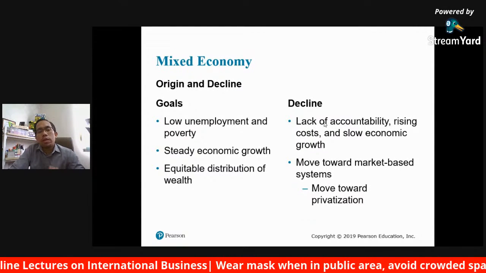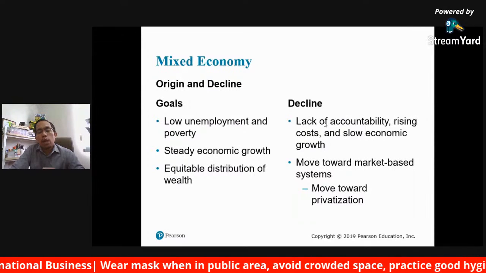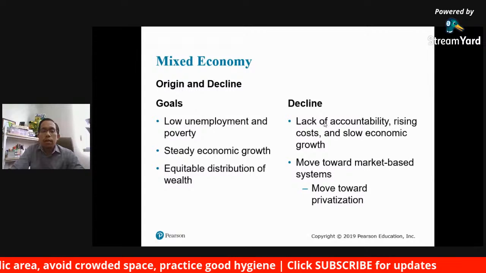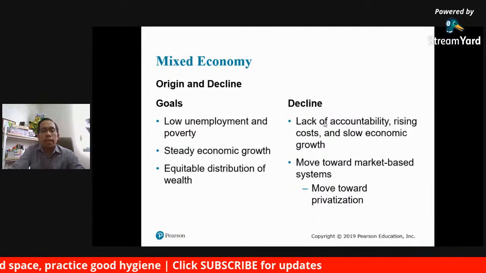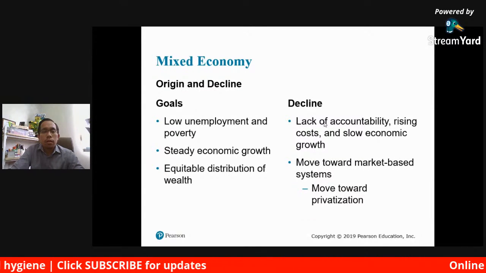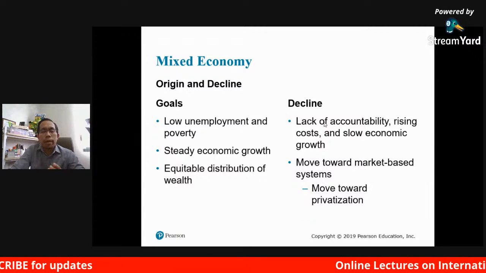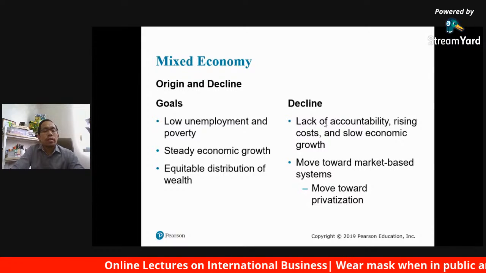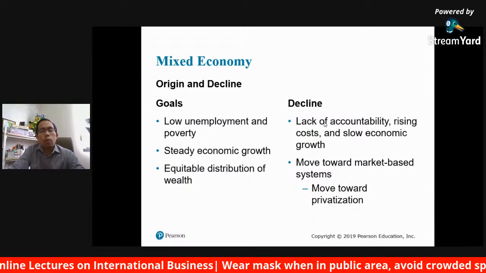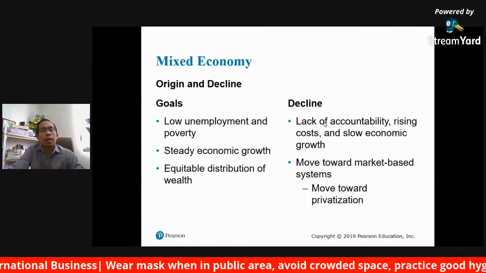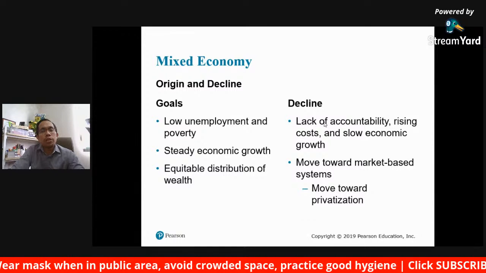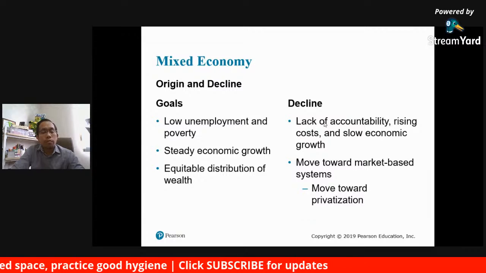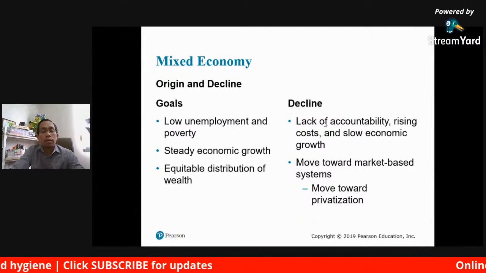The goals for this economy: we look for low unemployment and low poverty, which means partially planned by the government and open up the rest for the private sector. We encourage the private sector to flourish the economic activity.